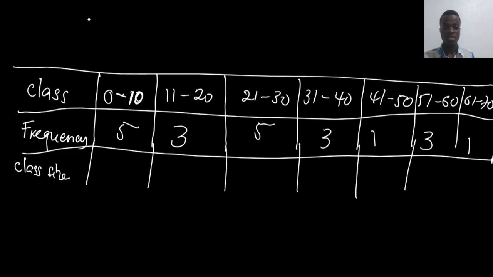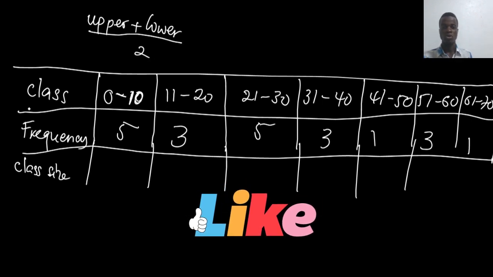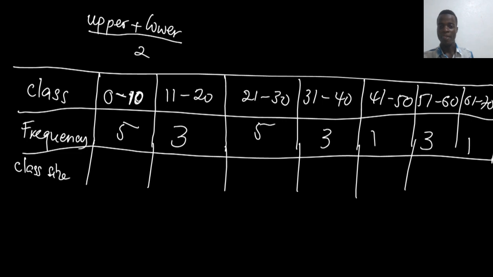All you do is upper plus lower, because we are trying to find the middle, divided by 2. Whether it's a class limit or class boundary, there's not much worry about that. You just add the upper and the lower, then divide by 2.